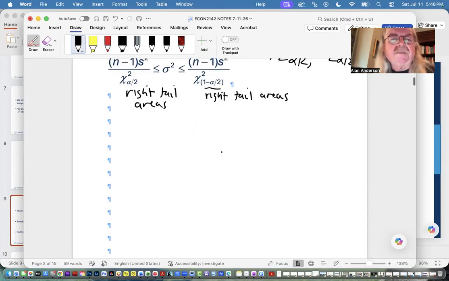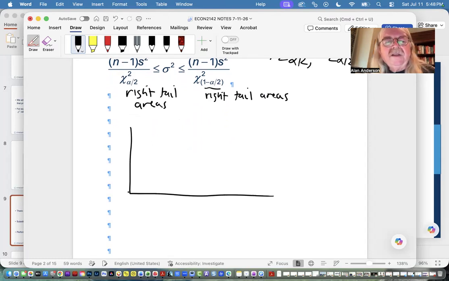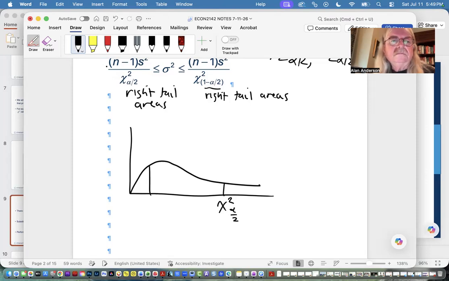Okay, so for example, whatever alpha happens to be, alpha over 2 would be here.